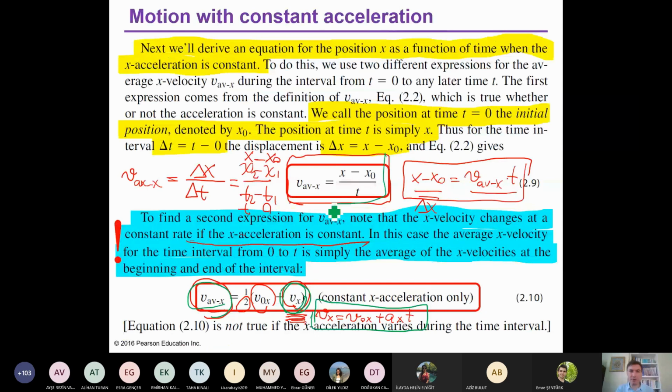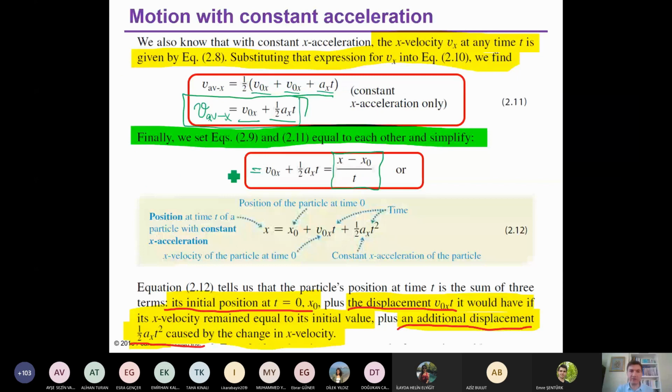So then here on the left side, I have v0x plus 1/2 axt, and on the right side, x minus x0 over t. So just multiply this term with t, and finally we will get this expression. This is the final position of the particle with constant acceleration, x0 is the initial position of the particle when the time is 0, and v0x is the x velocity of the particle when the time is 0. This is the time, and this is the constant acceleration. This is the square of the time.